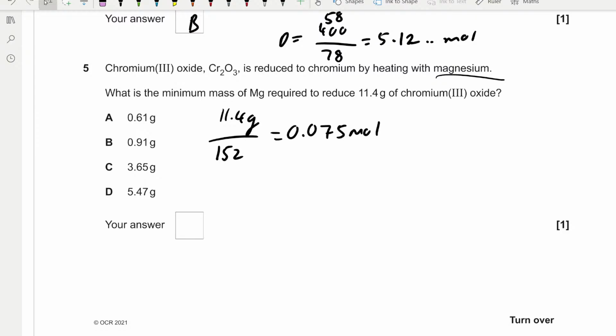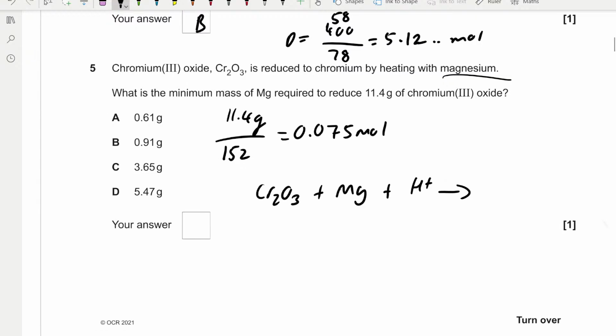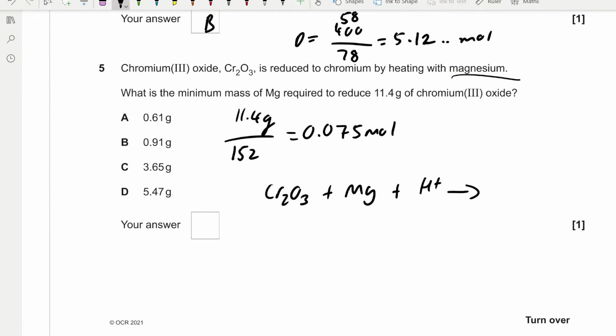Then we need to work out the ratio in which they're going to react. So we know that it's being reduced. So let's try and write an equation. Because this reduction, you need H plus ions. And Cr2O3 typically react to form CrO4 2 minus.